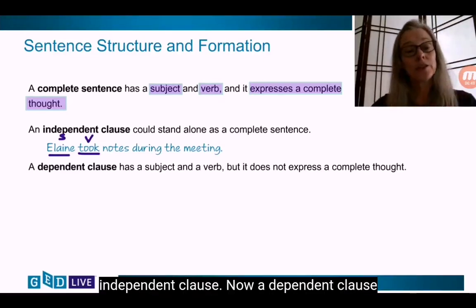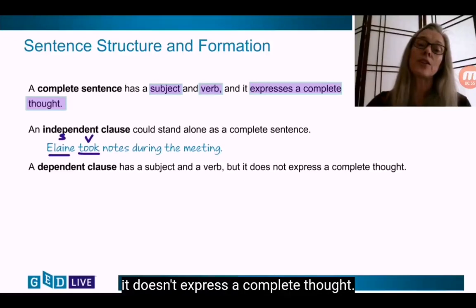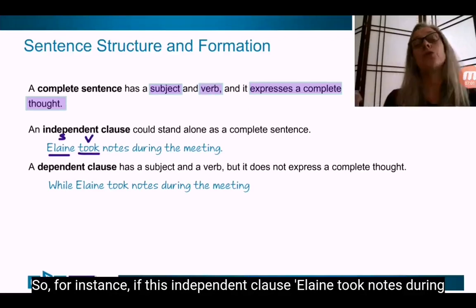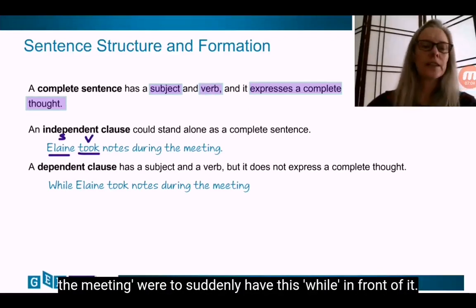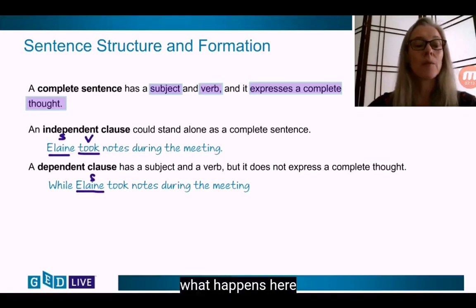Now, a dependent clause does have a subject and verb, but it doesn't express a complete thought. So for instance, if this independent clause, "Elaine took notes during the meeting," were to suddenly have this "while" in front of it, it's still got its subject and verb.